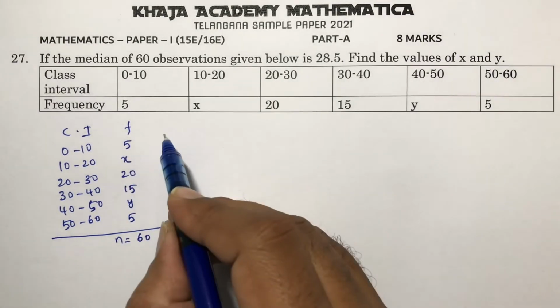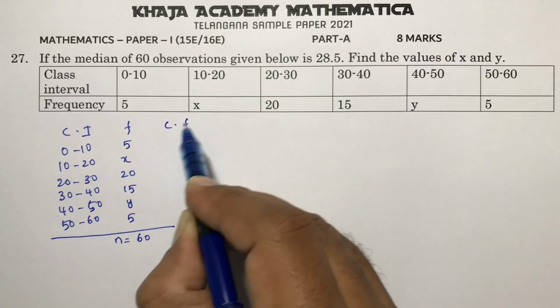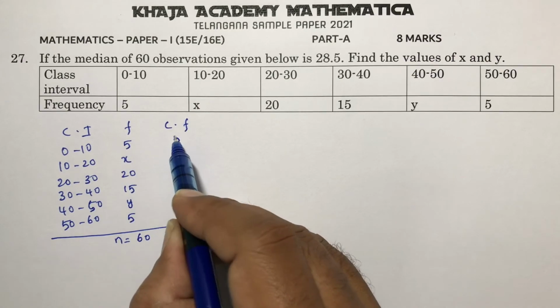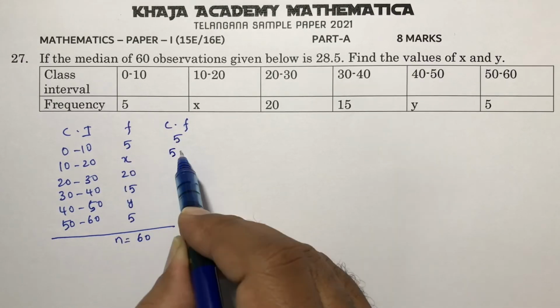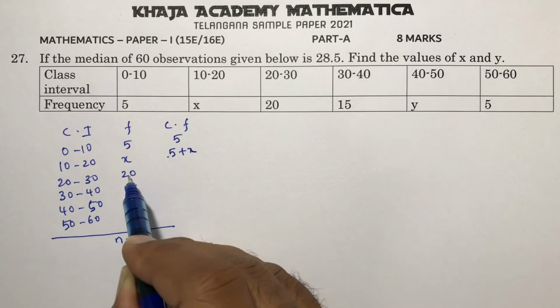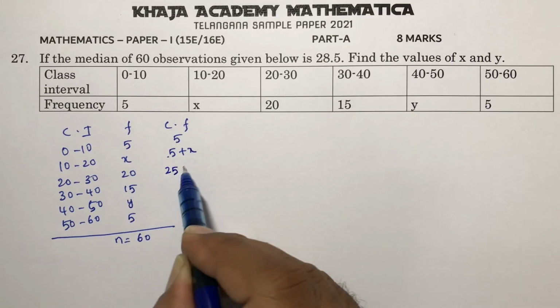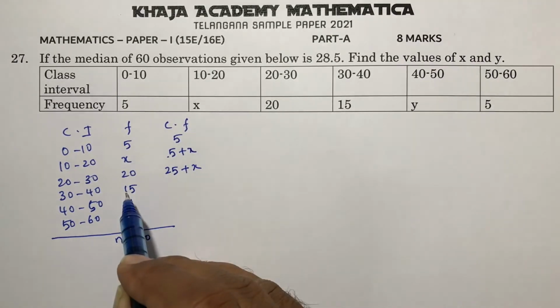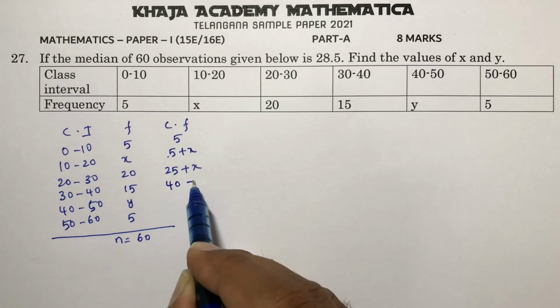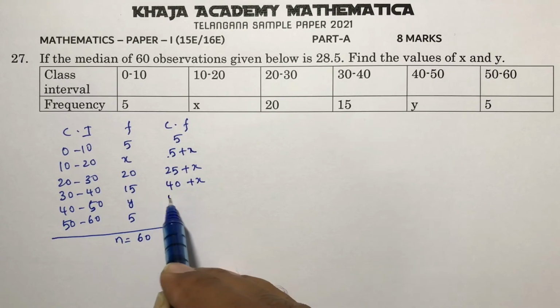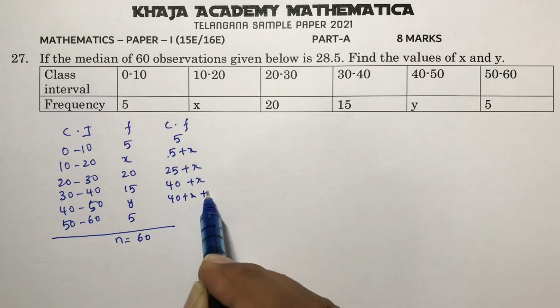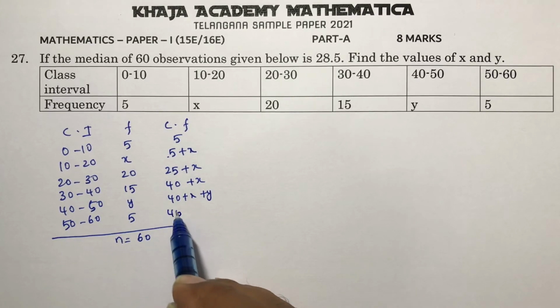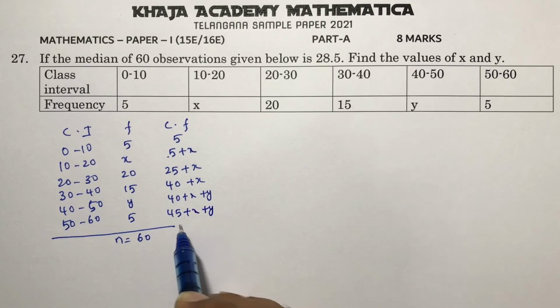So fine. For median, compulsorily we need to find CF. So first find CF, that will be 5. Next 5 plus x. 5 plus x plus 20 is 25 plus x. 25 plus x plus 15 is 40 plus x. 40 plus x plus y plus 5 will do 45 plus x plus y.